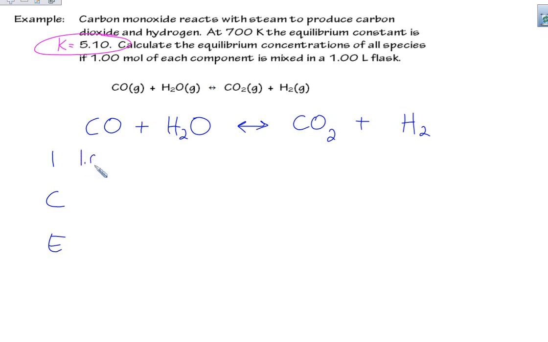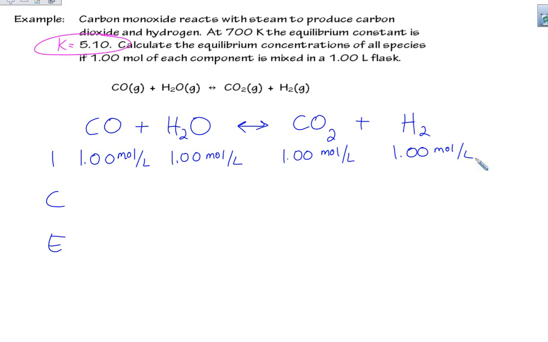Well, that's easy. 1 mole of everything per liter. 1 mole per liter. 1 mole per liter. And 1 mole per liter. Excellent. And again, we could do this with pressures, but we are given concentrations.